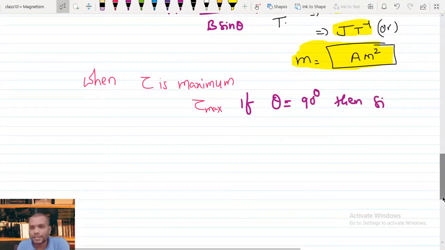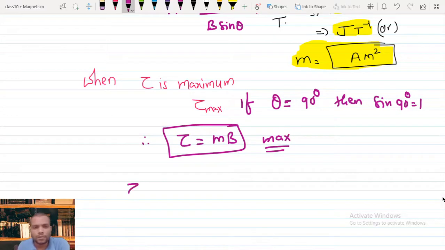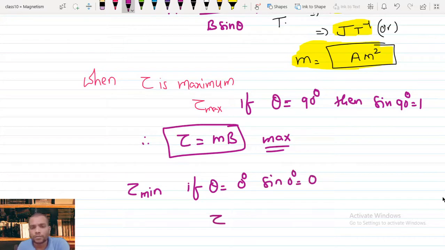Then sine 90 degrees equals 1, therefore tau equals mB, which gives us the maximum condition. Tau will be minimum if theta equals 0 degrees, that is sine 0 degrees gives 0, therefore tau equals 0.